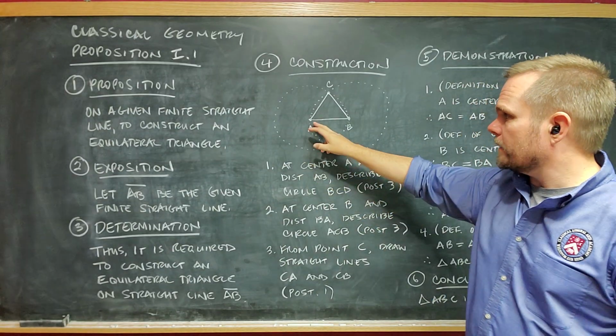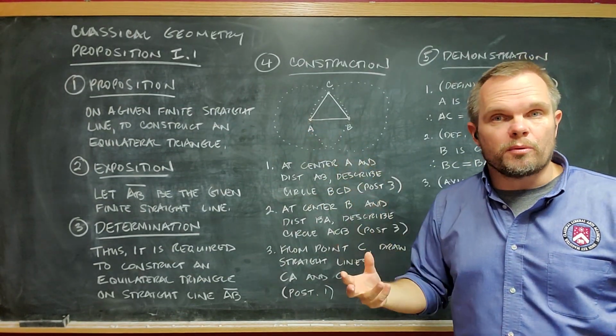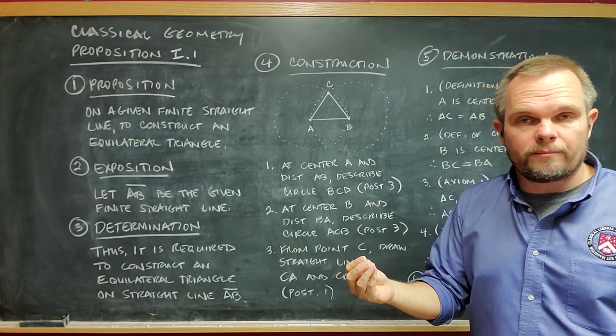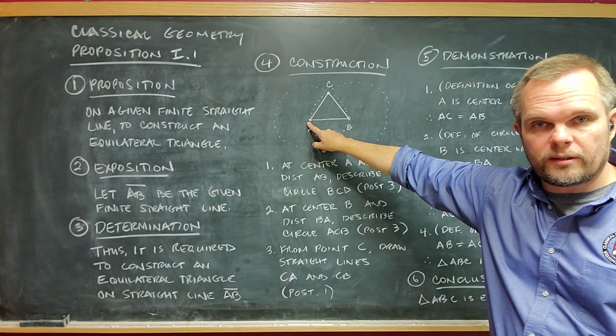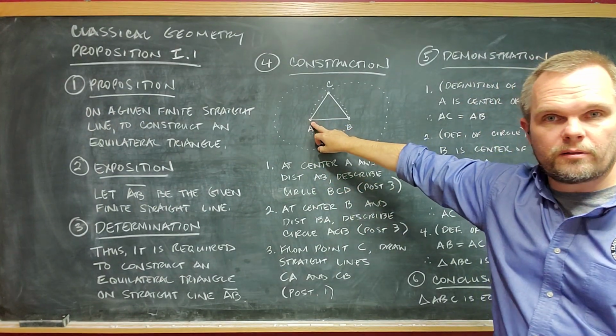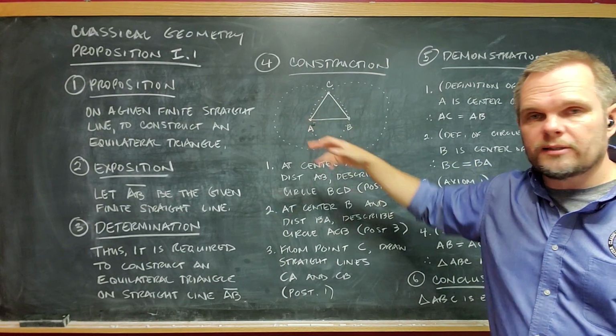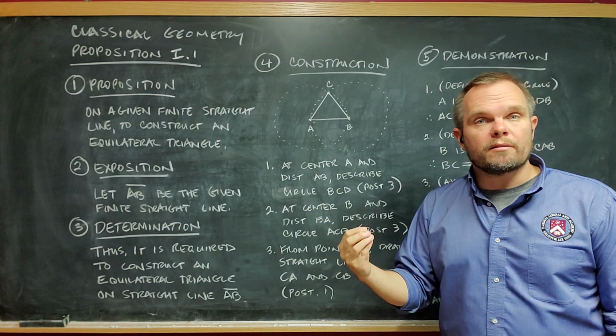Remember, a point has no length or width, so it would be invisible. It's really just a place. But we use a dot to symbolize a point. So you have to remember that this dot given here for point A is just a symbol of a point. Really, a point is invisible.